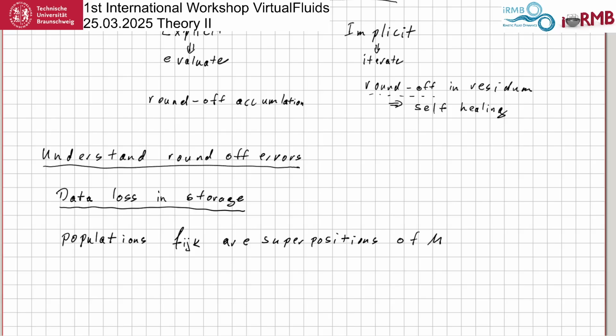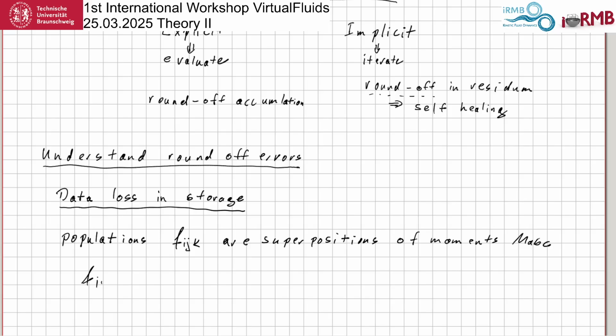Now they are not directly sums, yeah? They are not necessarily superpositions in terms of cumulants, because the cumulant transform is nonlinear. But for moments, for our moments, this is just the sum of the moments.